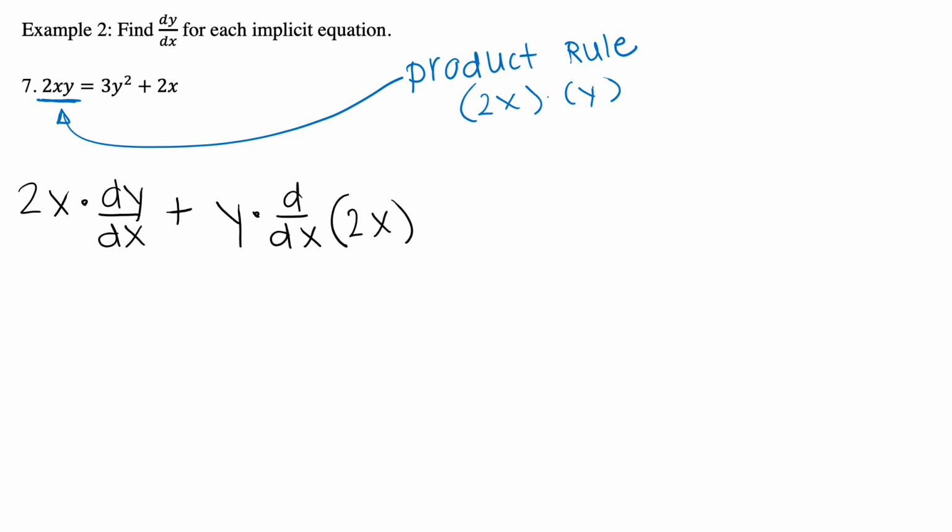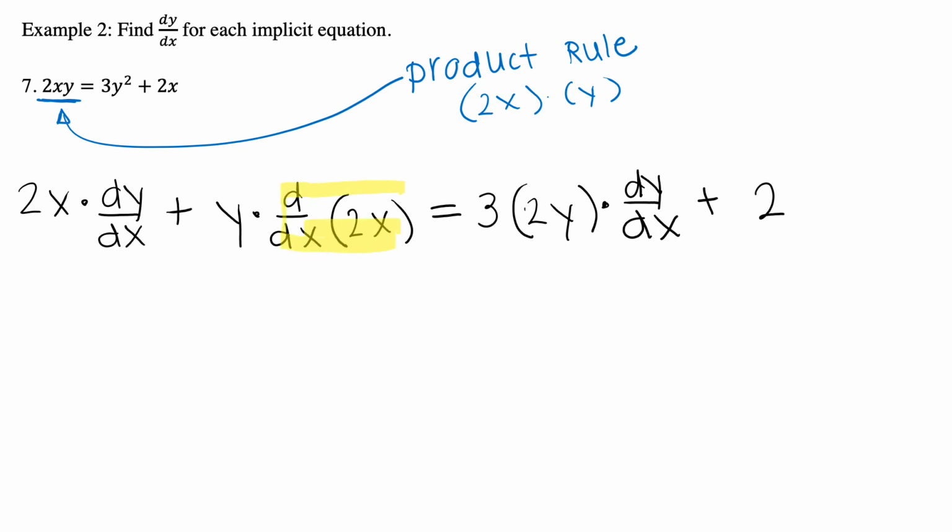Now that's only my left-hand side. I'm going to write that equal to the derivative of 3y squared: you keep your 3, you bring down your 2y to the first. Variables disagree, so we write this as dy/dx, plus the derivative of 2x with respect to x, which is just 2. I didn't quite take this derivative yet, so I still have this piece to complete as we move down.